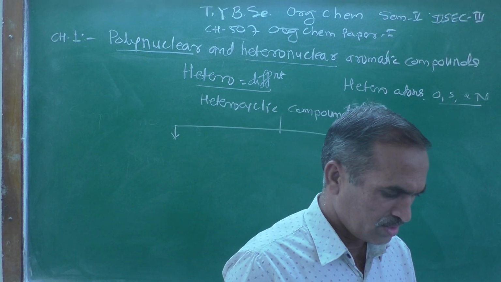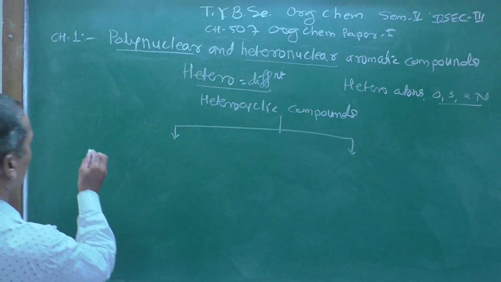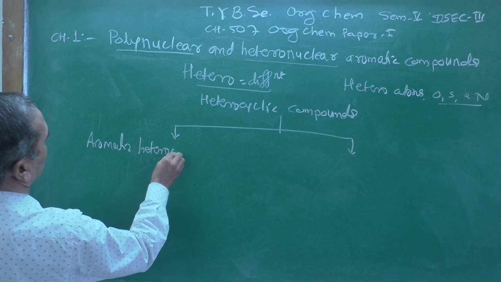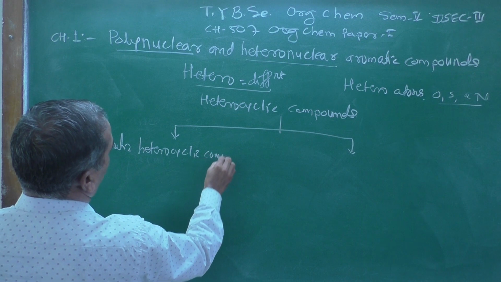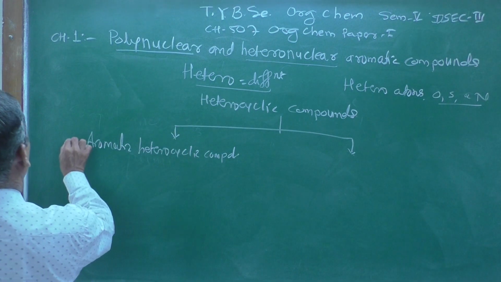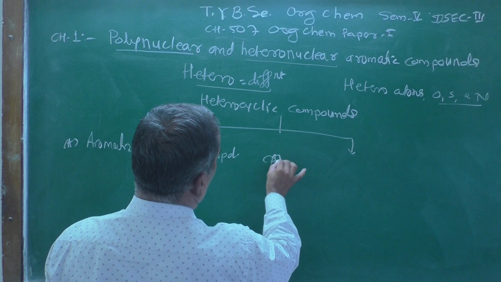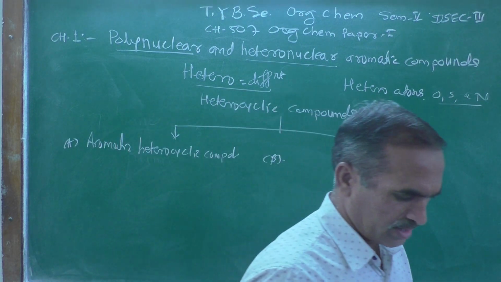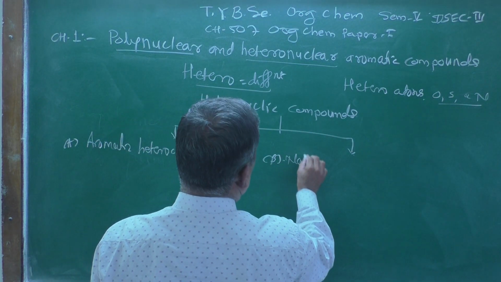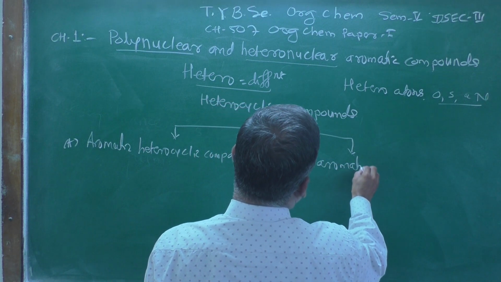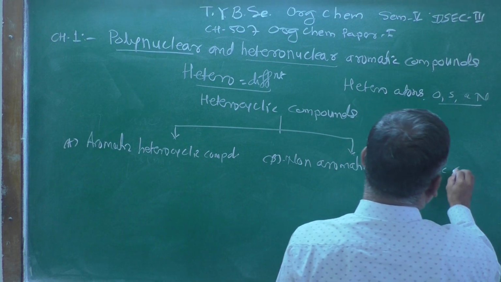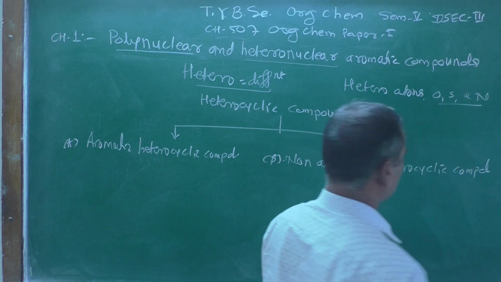One is called as aromatic heterocyclic compound, and you can call it A, and the second one is B, non-aromatic heterocyclic compound.